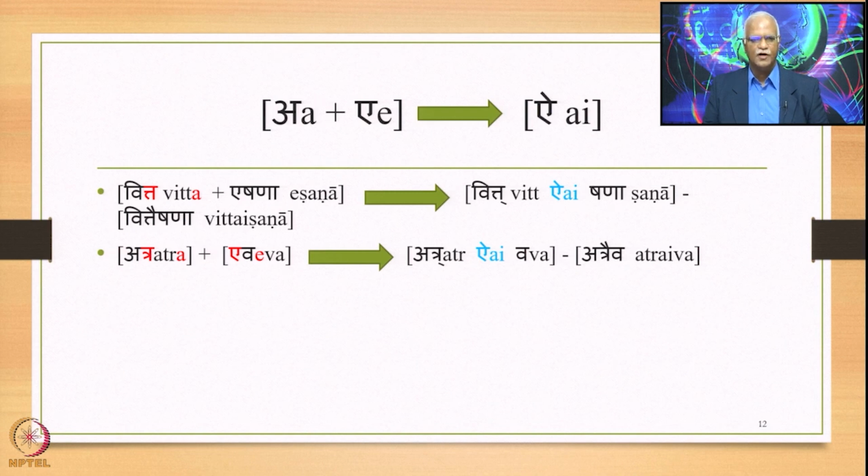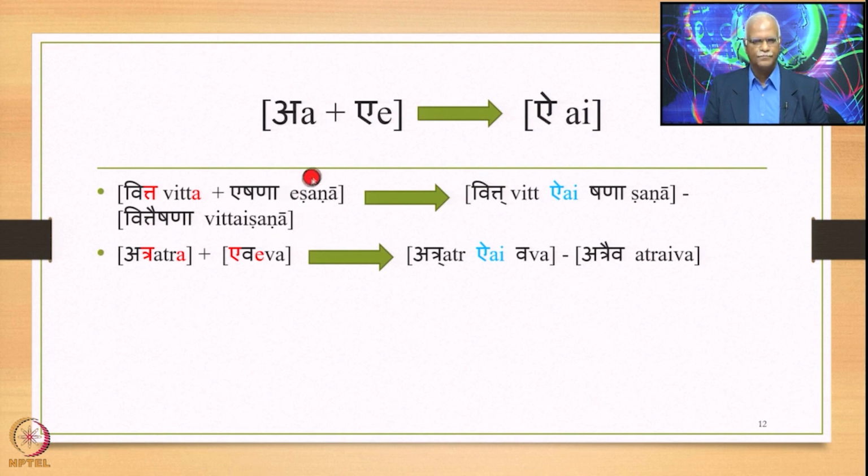So we have A coming at the end of this first word, and this is a compound, followed by another word at the beginning of which comes E, and so in place of both of them 6188 applies and the substitute AI comes in. So we have vitt, AI and shana. When we join it together, we get vittaishana.